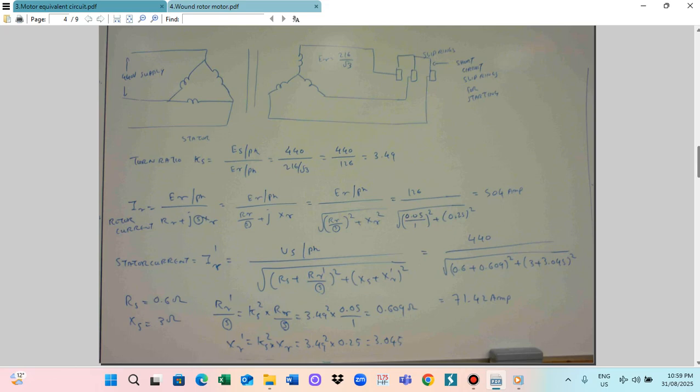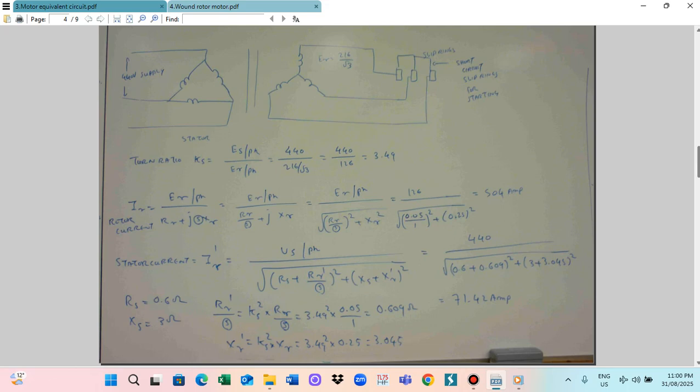All the slip rings need to be short circuited to start this motor, so in the starting condition they are all short circuited. So you can substitute the XR value: 0.25 ohm, plus 0.05, the whole square. By solving this, the IR will be 504 ampere.